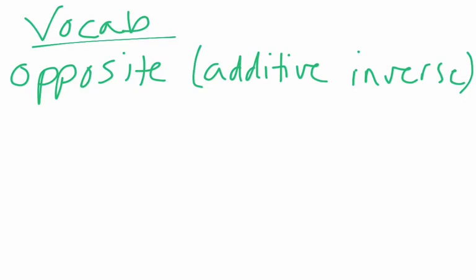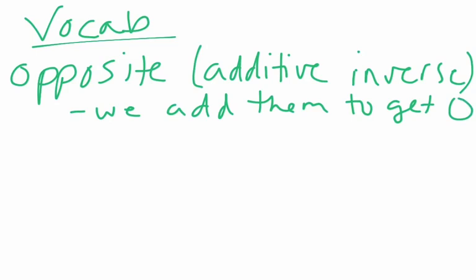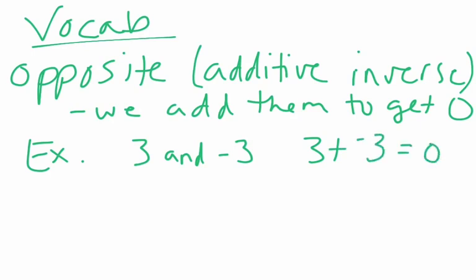Opposite means something very specific in math, okay? And people will use the word opposite when that's not exactly what they mean. So in math, when we say the word opposite, this is what we mean. We mean we add them to get 0, which is what's called the additive identity. So examples of opposites would be 3 and -3, because 3 plus -3 gives you 0.